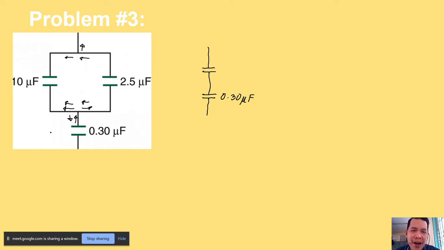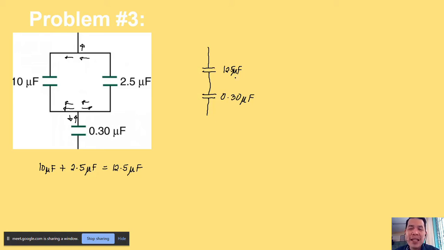So, 10 microfarad plus 2.5 microfarad equals 12.5 microfarad. Yung naging isang capacitor, meron na po siyang bagong capacitance na 12.5 microfarad. At bagong capacitor na po iyan.